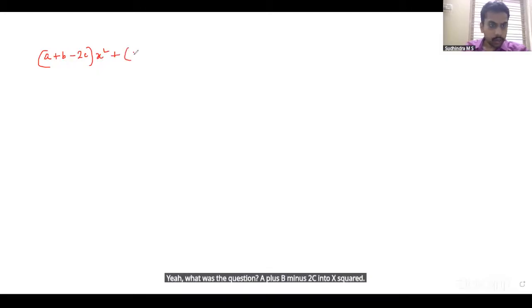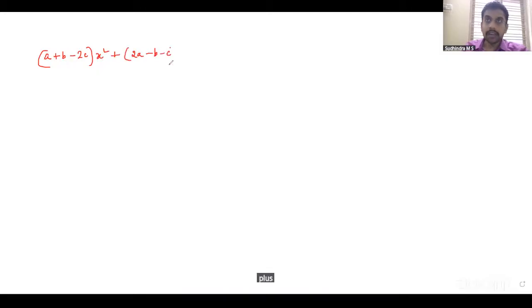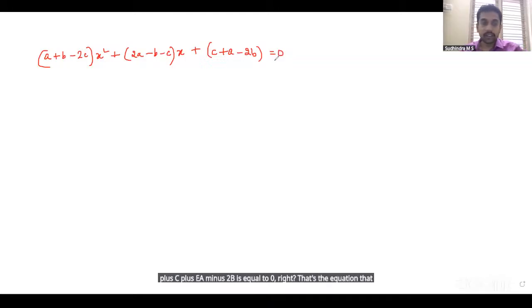What was the question? A plus B minus 2C into x square plus 2A minus B minus C into x plus C plus A minus 2B is equal to 0. Right? That's the equation that they have given us. Now, how do we simplify this equation?